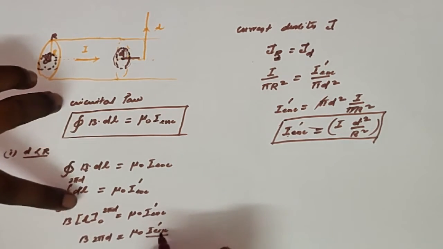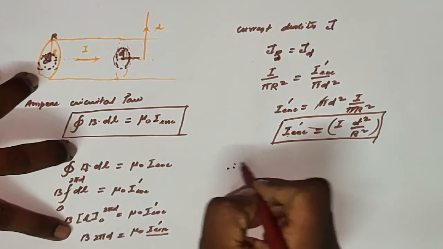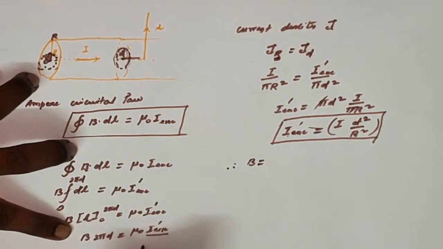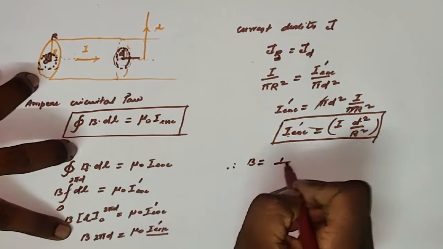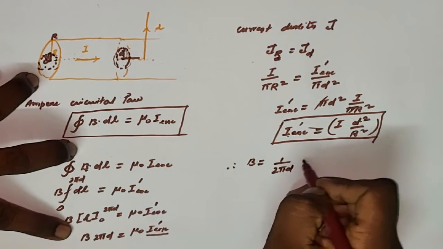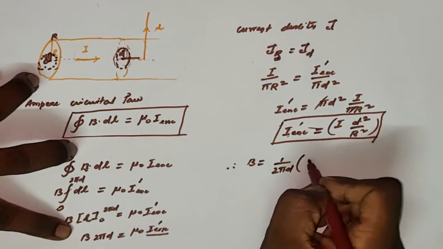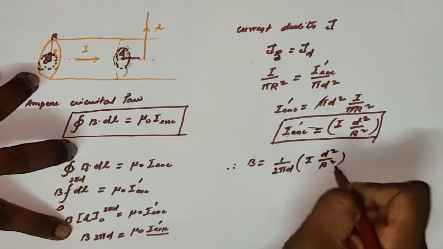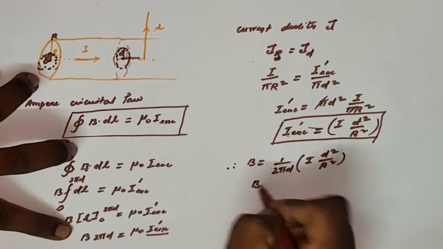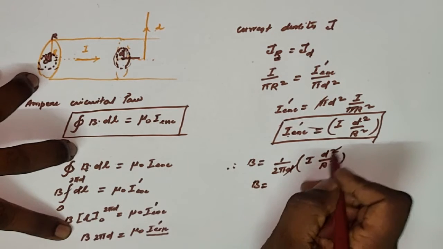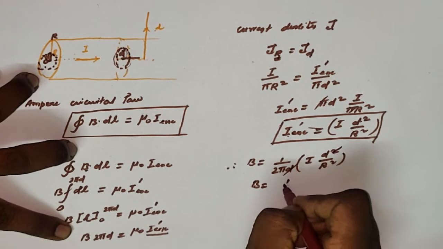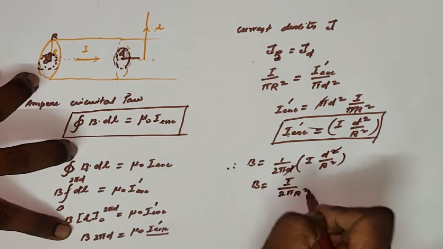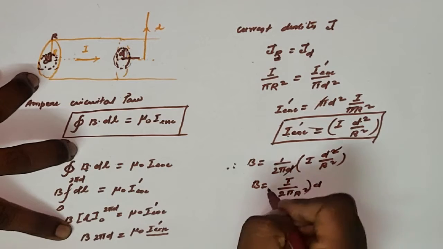Now that we know I enclosed prime, B equals, moving 2 pi d to the denominator, I times d squared divided by R squared over 2 pi d. Cancelling one d, B is equal to I d divided by 2 pi R squared.